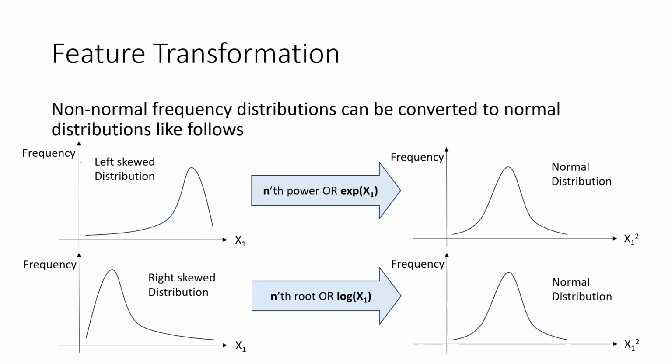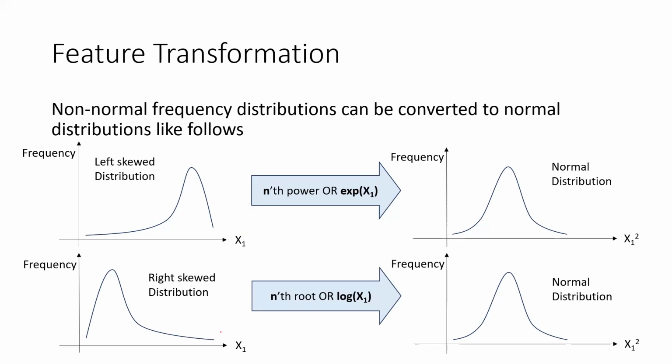For example, if the distribution is left skewed, you can use a higher degree power. Like if it's x1, you can use x1 square, or you can use the exponential of x1, that means e to the power x1, something like this. So we should move this distribution into a normal distribution.